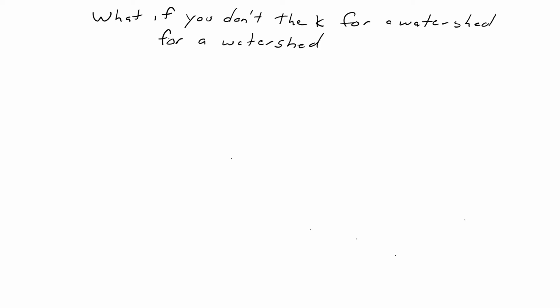And I gave you the K. But if you don't know the K, how do you actually get a K? Well, these are actual variables that are tied to the watershed and calculated from data coming from the watershed. And we can use our Baseflow recession equation to actually figure out what K should be if we have all of the other data.